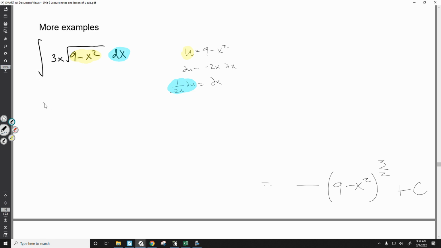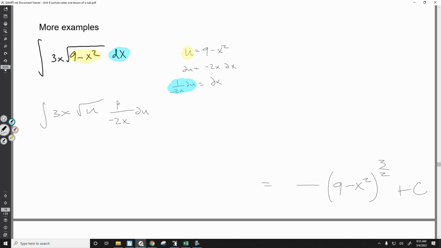Rewrite this integral using that stuff. Everything else stays the same. That just stays. It's going to take care of itself. This process will take care of everything.